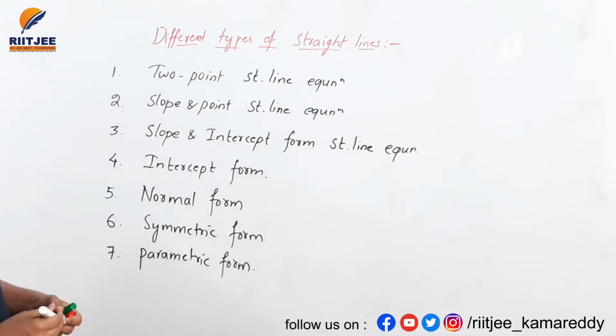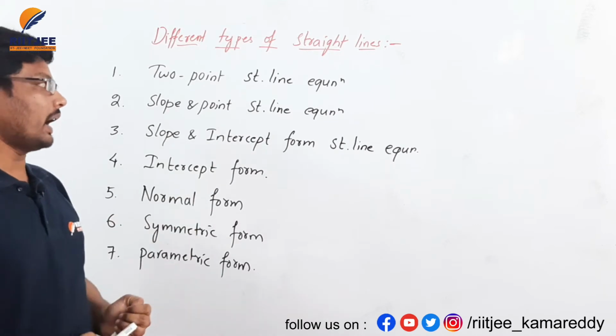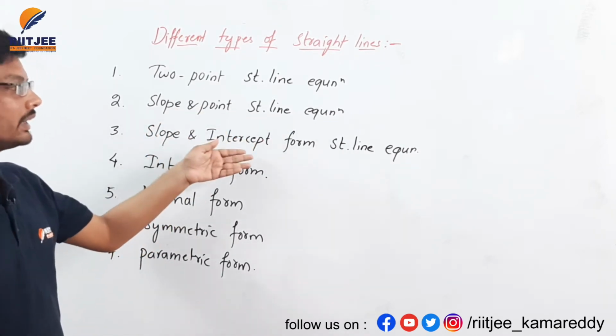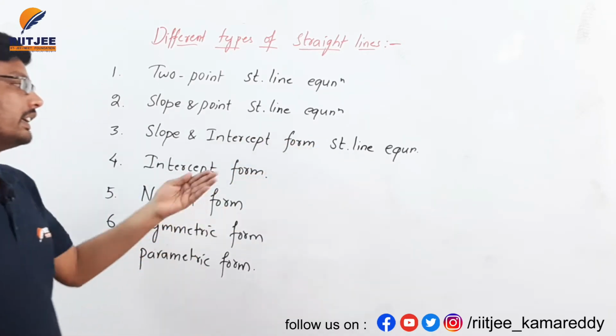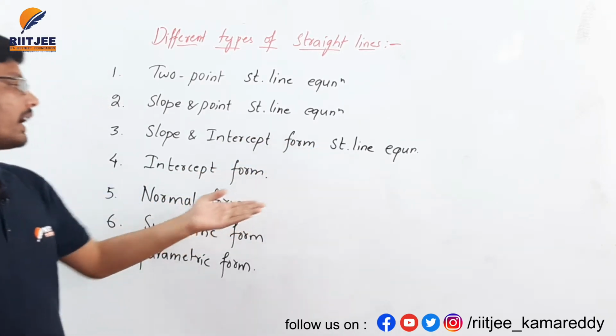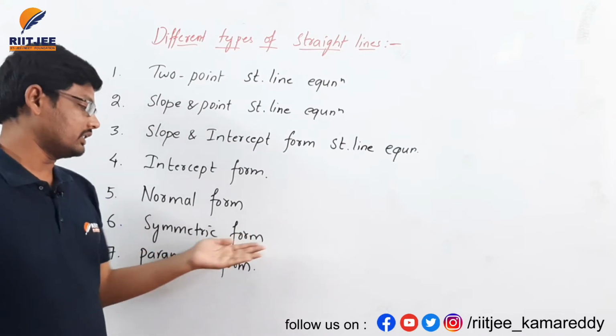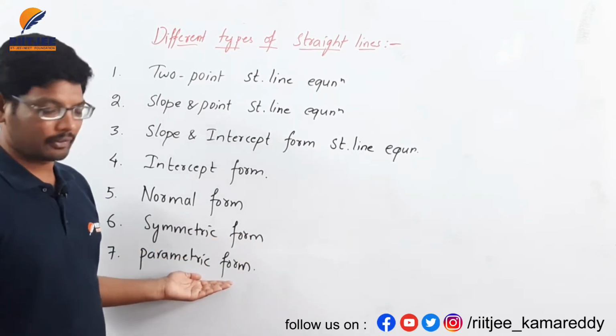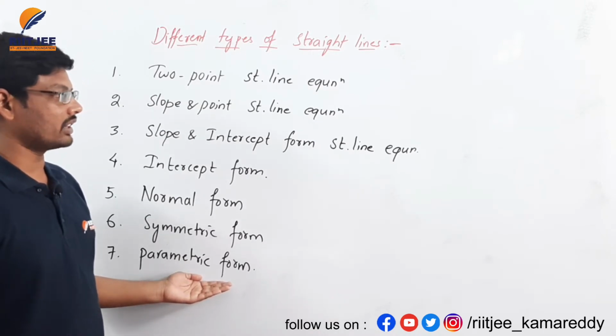Here we have 2-point straight line equation, slope and point form, slope and intercept form of straight line equation, intercept form, normal form, symmetric form, and finally parametric form of a straight line equation is here.